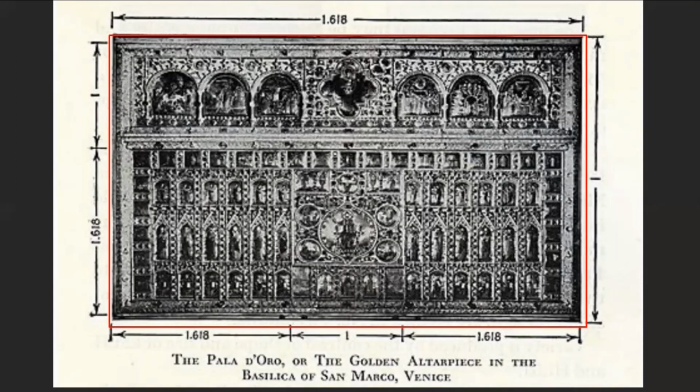The height of the overall altarpiece is 1 to the length of 1.618. And again, I feel I need to emphasize here that these ratios, 1 to 1.618, isn't the length. It's not 1 foot to 1.618 feet. It's the unit, whatever unit it is, however high it is, the ratio of one to the other that creates this unit of 1 to 1.618.